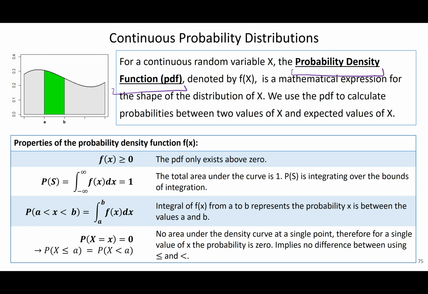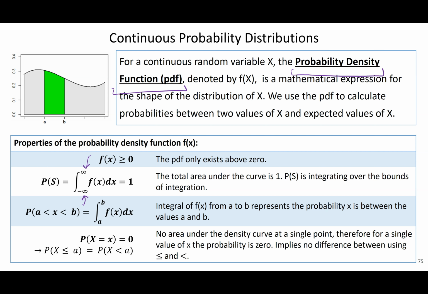Similar to before, the values in the PDF cannot be negative because they're probabilities, so they're greater than or equal to 0. And now instead of using a summation, because we don't have discrete counts, we use an integral. The probability of our sample space, you could say negative infinity to positive infinity, could be narrower bounds depending on where x is defined.